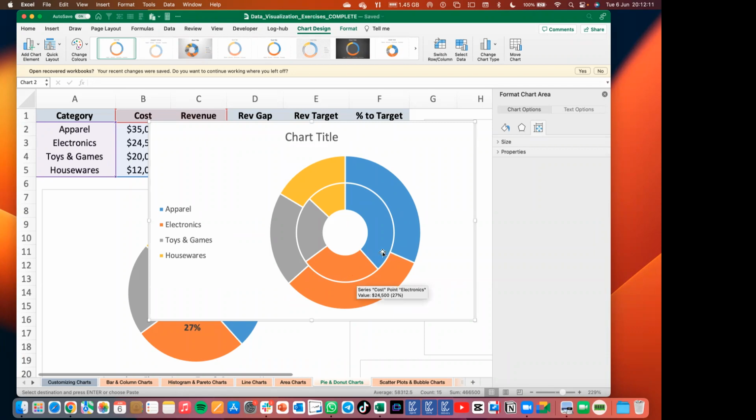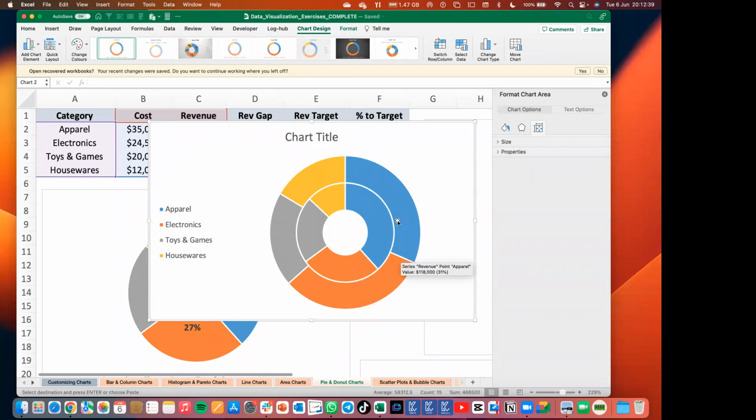Then you see we are spending a lot on apparel and the revenue is low because of the portions it takes. If I put this in percentages, you'll automatically tell that the percentage of cost on apparel is higher than the percentage of cost on electronics, though electronics is having higher revenue than the other one.